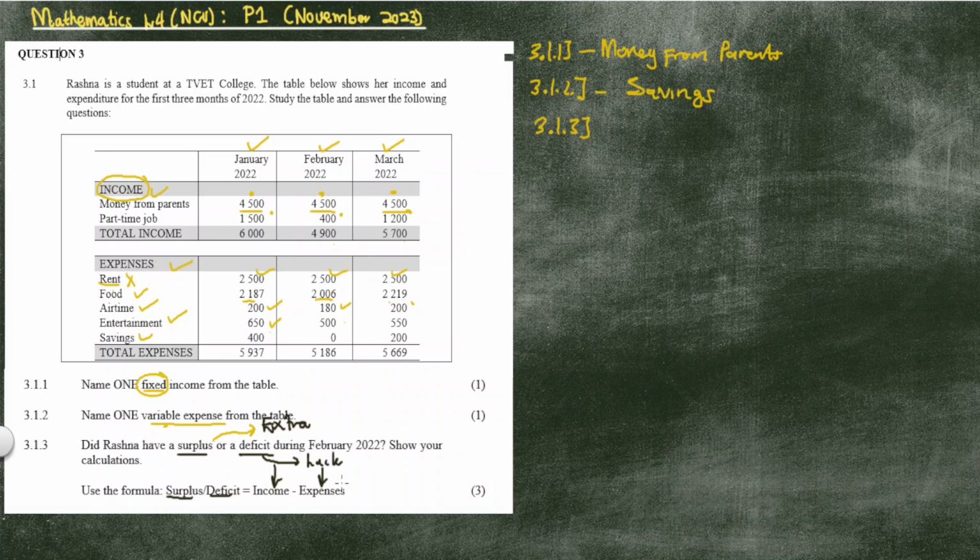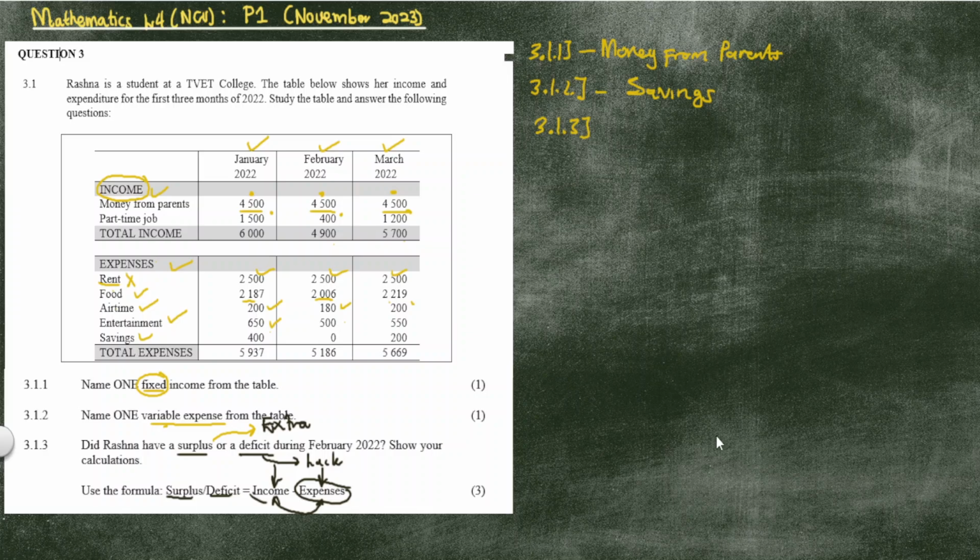So when you take the difference, when you subtract the two values, the income and the expenses, you find that your expenses are more than your income. So it means that you have spent more than what you earn. So it means that there's going to be a lack somewhere. So when you say your budget, you went over your budget if there's a deficit, and the value is seen as a negative value, a negative answer.